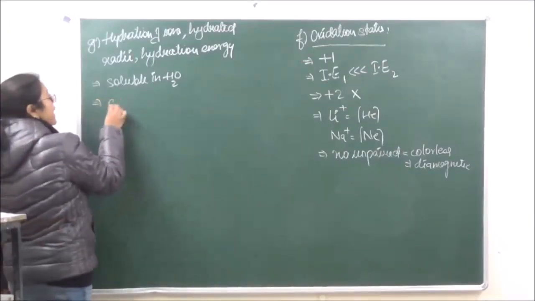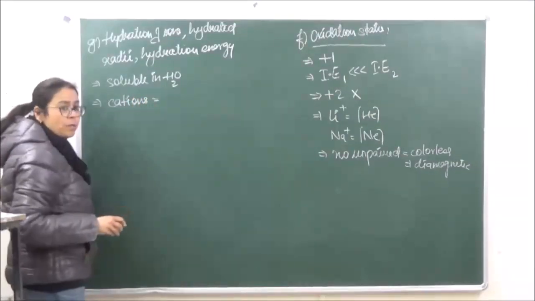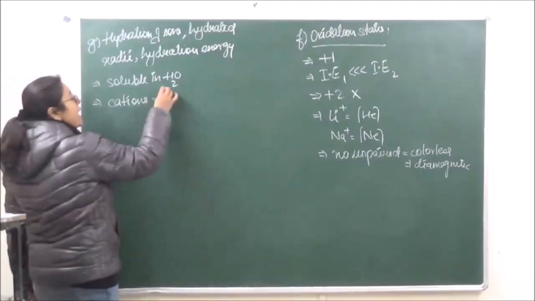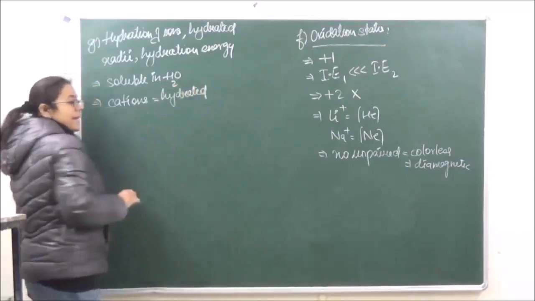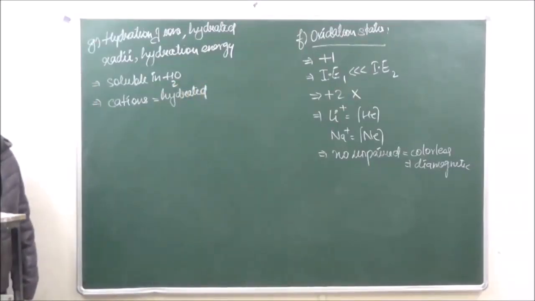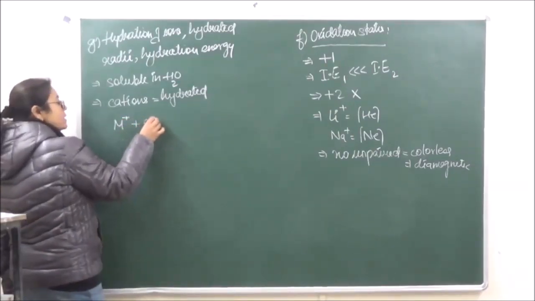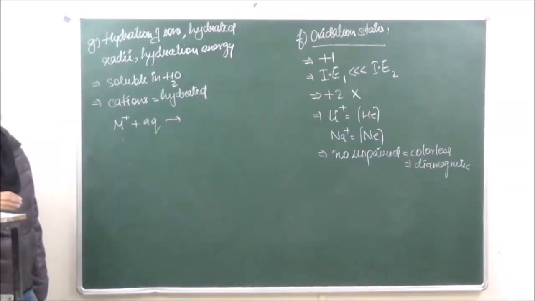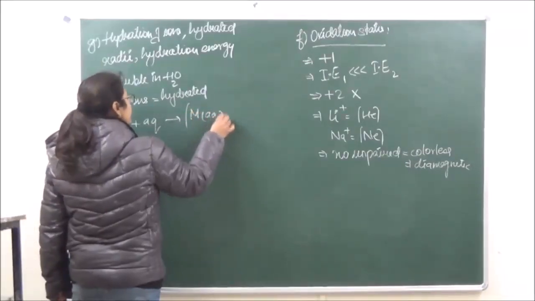The reason behind that is that the cations of this particular group have the tendency to get hydrated by water molecules. So if we have M positive ion and we put it in aqueous medium, this is going to give us a hydrated cation.